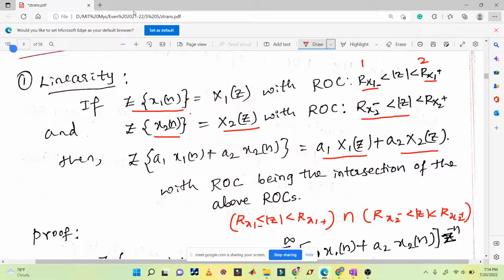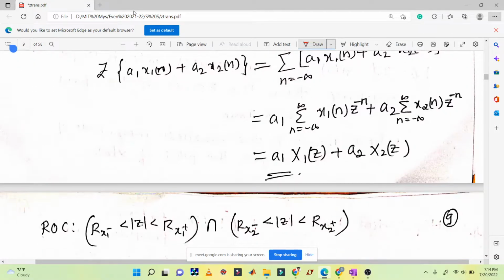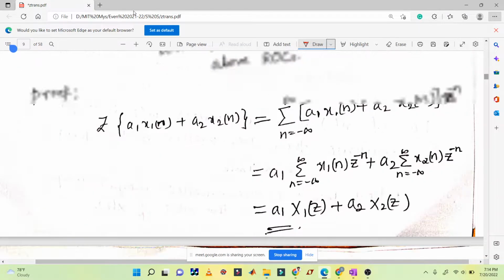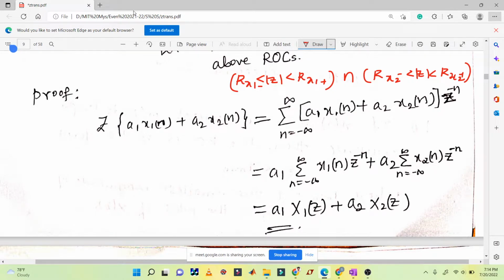Okay, so this is the final ROC what we are going to get for the given signal for a linearity property. And how to prove it? This is the proof here.